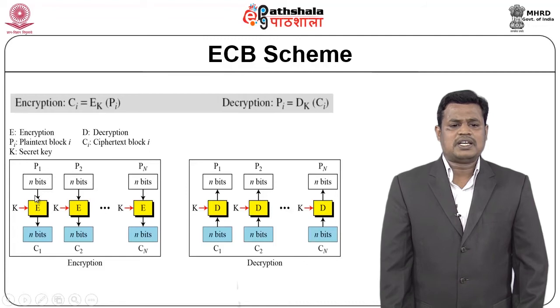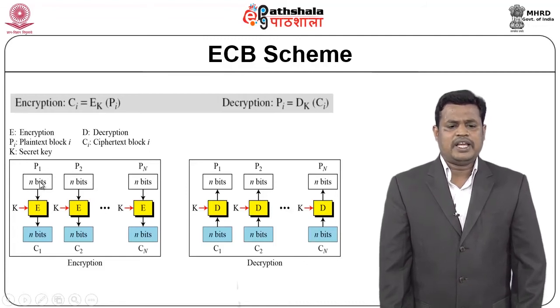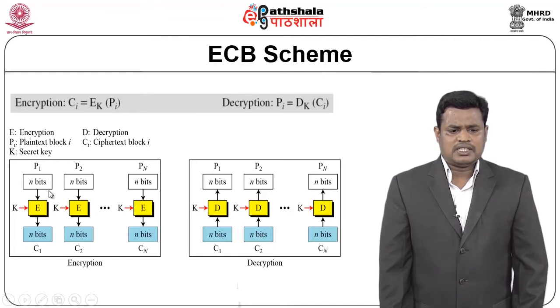For example, in the DES algorithm it is 64 bits, whereas in the AES algorithm it is 128 bits. So this n bits represents a 64-bit block. Similarly, this is another 64-bit block. Like that I have n number of 64-bit blocks.